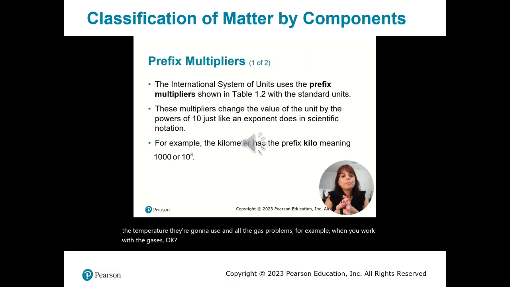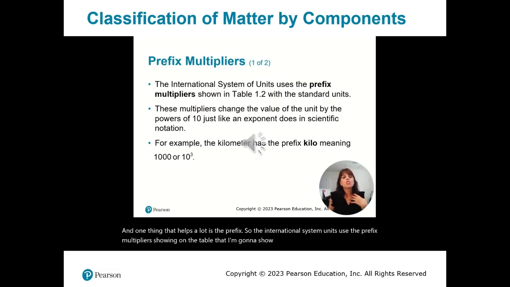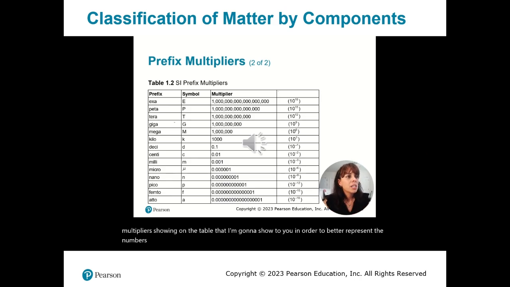One thing that helps a lot is the prefixes. The International System of units uses the prefix multipliers shown in the table that I'm going to show you in order to better represent numbers, like exa, mega, giga, kilo, deci, centi.